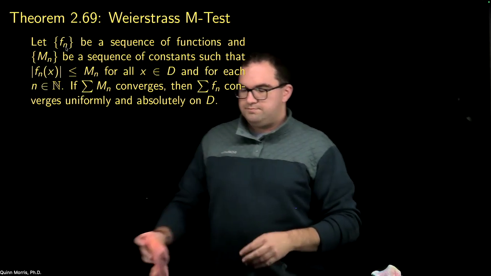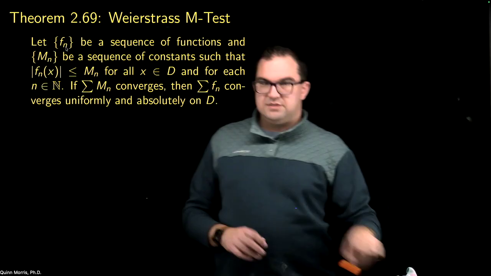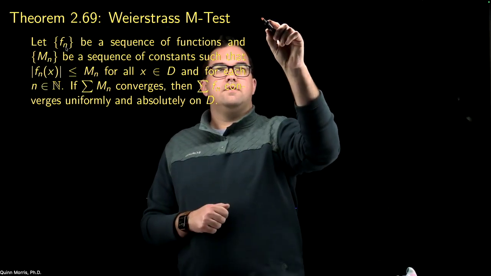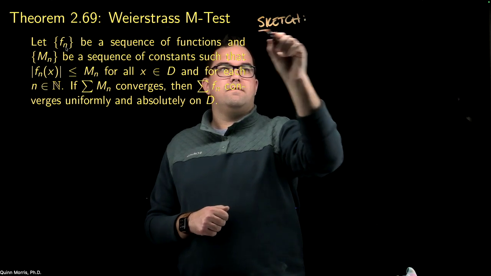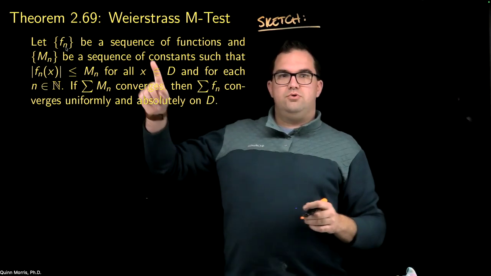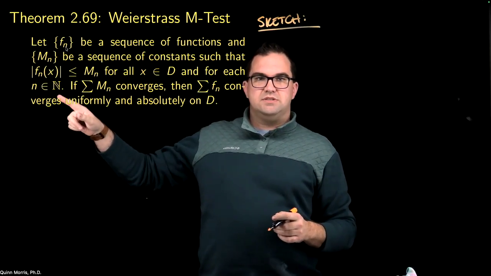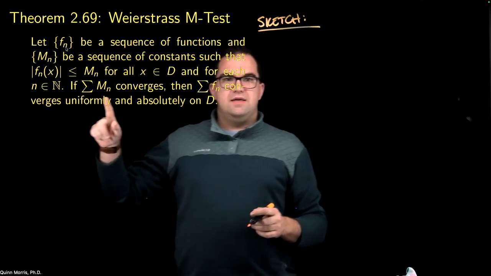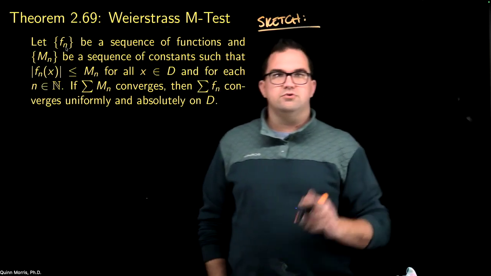Okay. So we'll just call this a sketch of the proof. Let's assume that our f sub n's and our m sub n's satisfy all these conditions in the first sentence. And then we'll further assume that this series of m sub n converges.